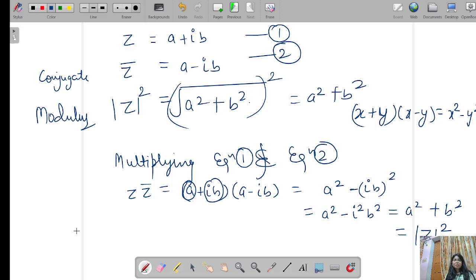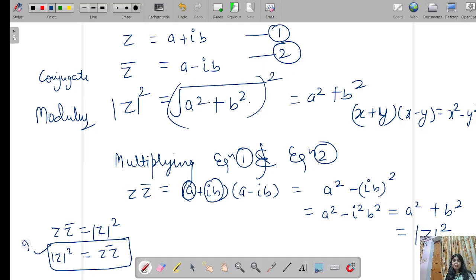Now I have come to the relation. There is a relation between a complex number, the conjugate of the complex number and the modulus of the complex number. Whenever I write modulus of z square, I can open it as z times z conjugate.